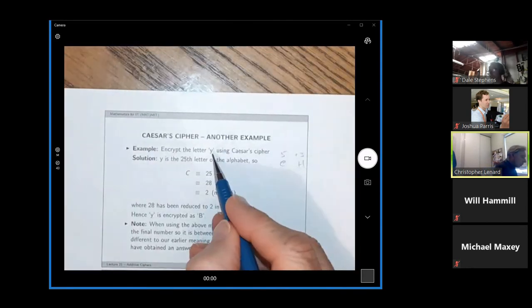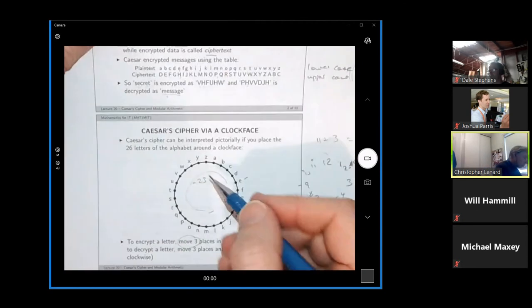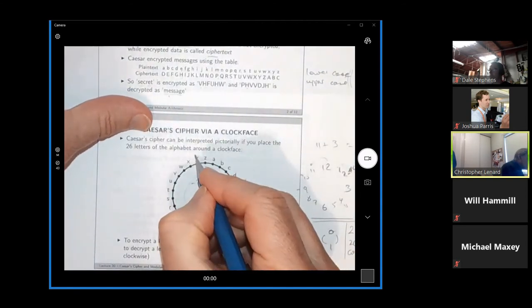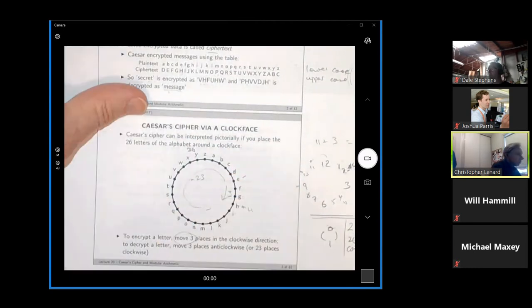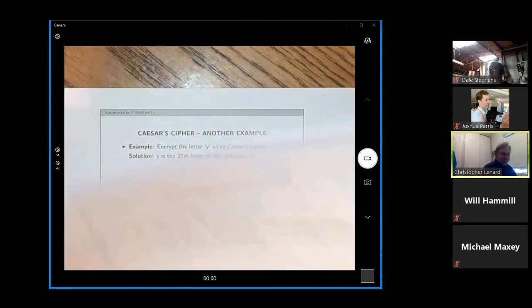Okay, now to illustrate that wraparound principle, let's encrypt the letter Y. Where's the letter Y? Y is here. Y is the 26th letter of the alphabet. Who saw my mistake? Yeah, thanks.